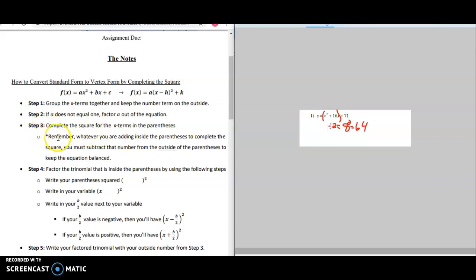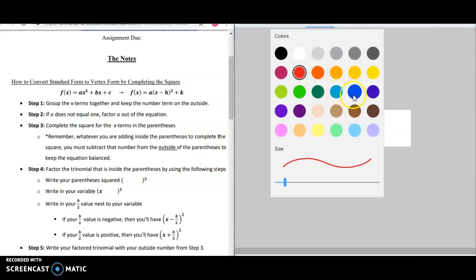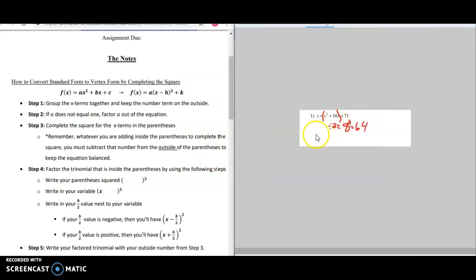So step 3 says, remember, whatever you're adding inside the parentheses to complete the square, you must subtract that number from the outside of the parentheses to keep the equation balanced. So here is what that means. Changing the color a little bit here. I had y equals, so this part does not change, x squared plus 16x.